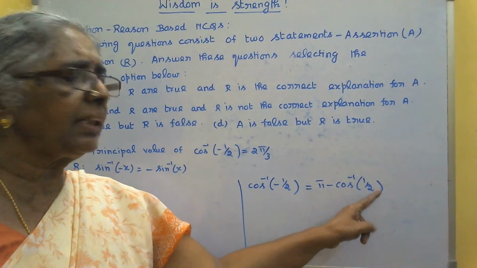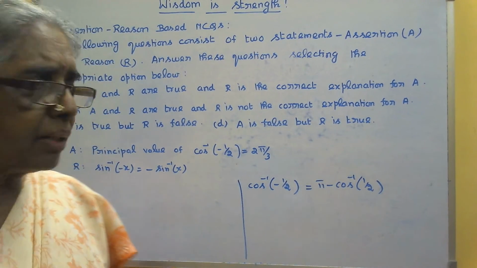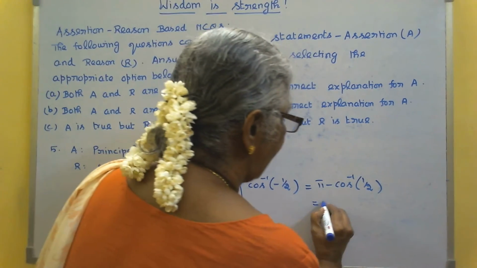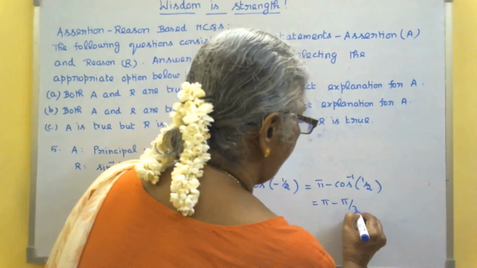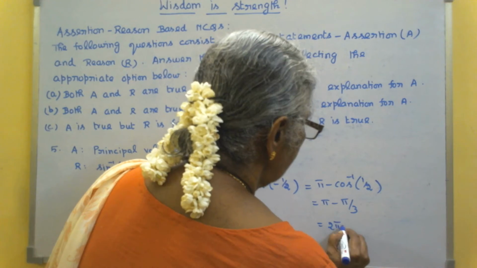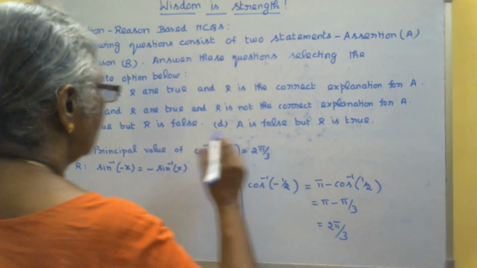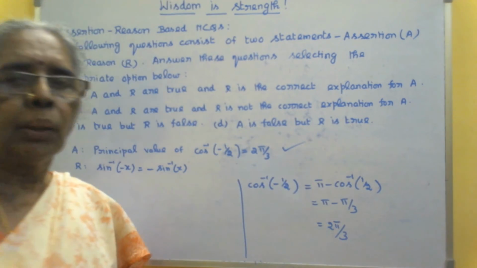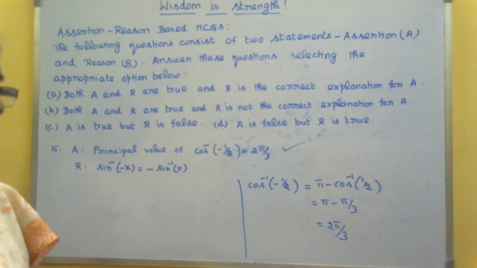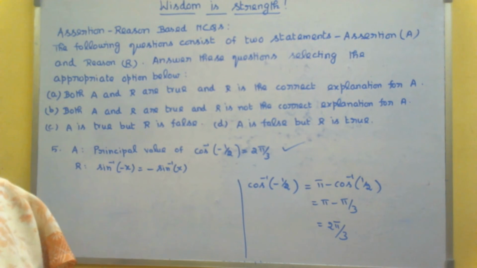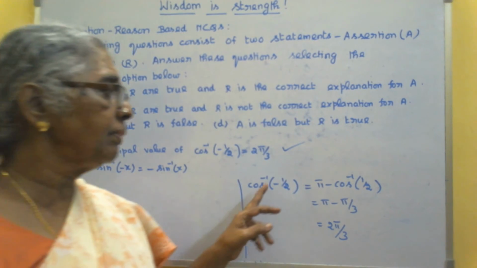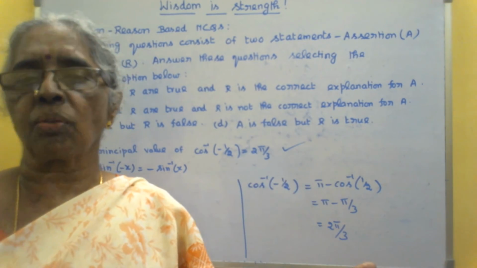Now you know cos inverse cos, that's very simple. Because it is positive, you know it is pi by 3. So you will get pi minus pi by 3, which is equal to 2 pi by 3. So the assertion is true for you. Cos inverse of minus cos is 2 pi by 3. Now actually we are using the concept here: cos inverse of minus x is pi minus cos inverse x.